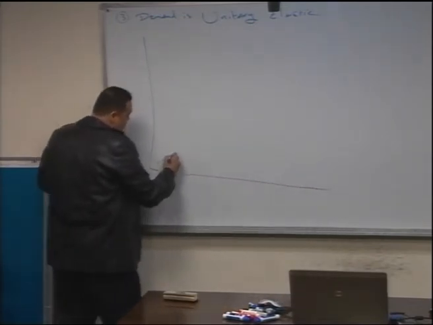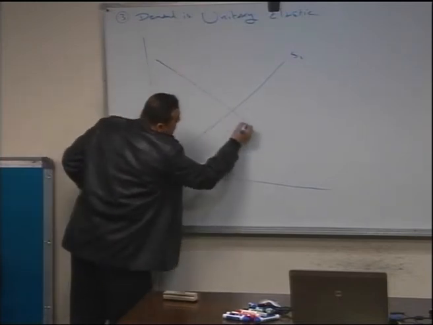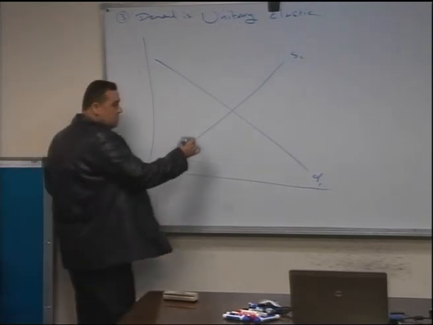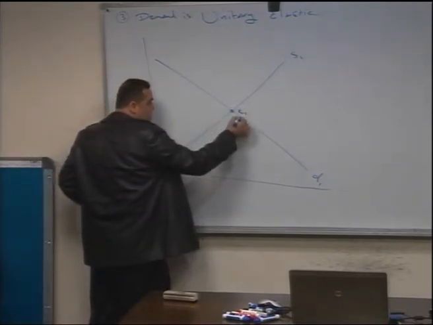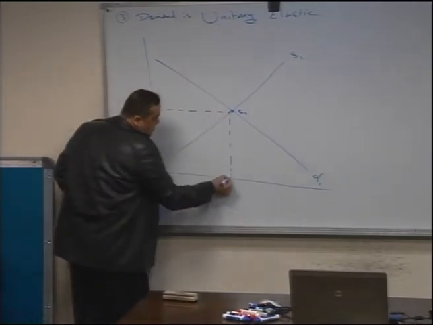Exactly. High supply is when D1, and this is E1 here, 140.